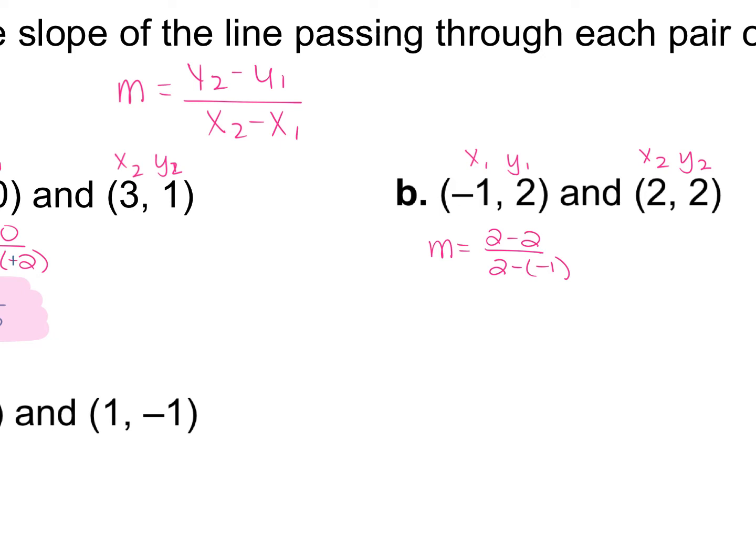Once again, double negatives turn into positives. So that's 2 minus 2, which is 0, over 2 plus 1, which is 3. 0 over anything is what? 0. So your slope for this one is 0.